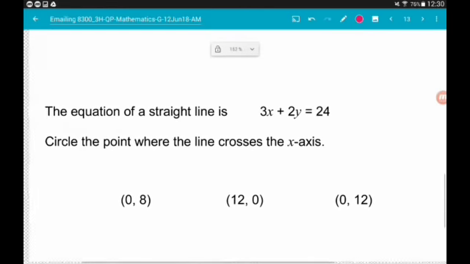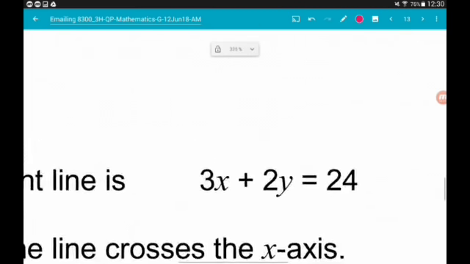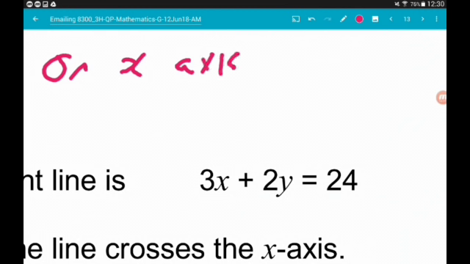Question 19 says the equation of a straight line is 3x add 2y is equal to 24. We want to circle the point where the line crosses the x-axis. So on the x-axis, y is equal to 0.